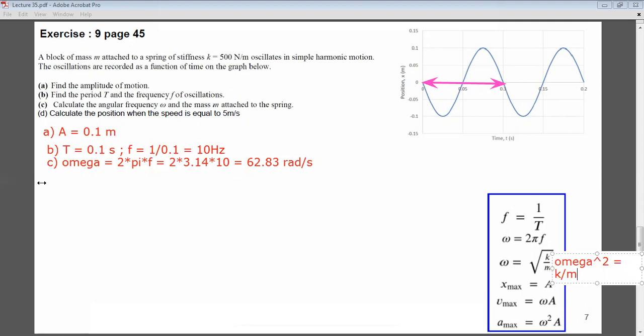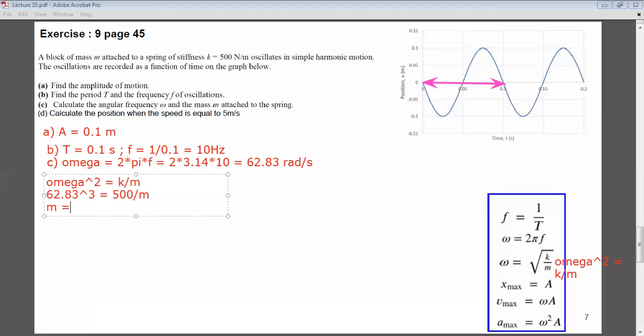Omega squared, 62.83 squared, equals k, which is given as 500, over m. Cross multiplication gives m equal to 500 divided by 62.83 squared, and this is equal to 0.126 kilograms.